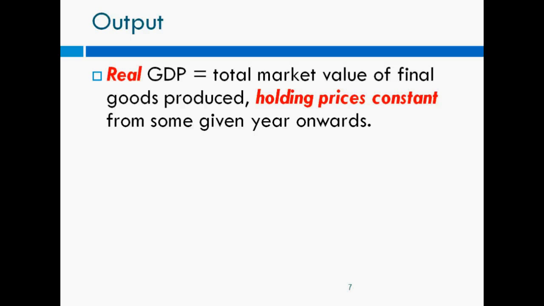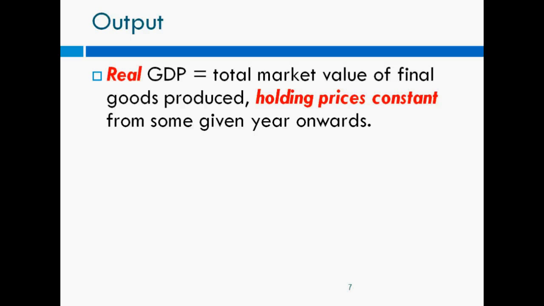And the easier way of doing it is that you take the statistical information that you have about nominal GDP, and then you take the information that you can collect fairly easily about the general price level within the economy as a whole, and you pretend that after some year the prices don't change, and you recalculate GDP, the market value of the final goods and services, based on the prices from a fixed year.